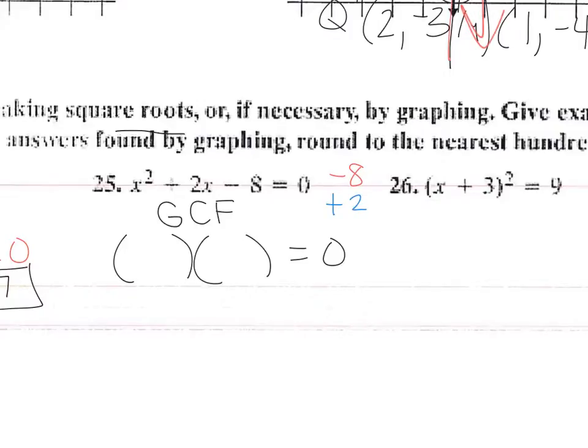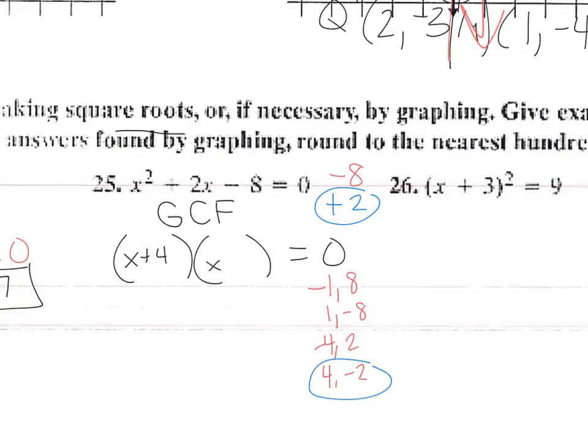So think of factors of 8 or -8. I'll list them out. So you have -1 and 8, 1 and -8, 4 and -2 (hmm, and -4 and 2). So which of these adds up to be 2? It's this one right here. So your factors are going to be x plus 4, x minus 2.